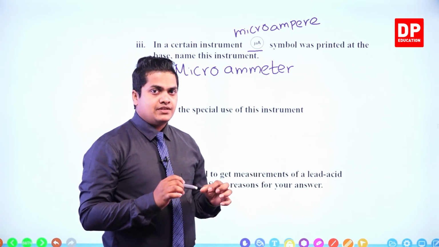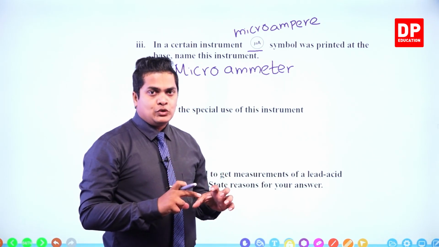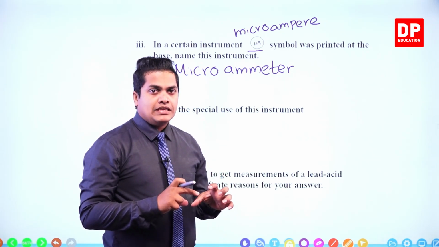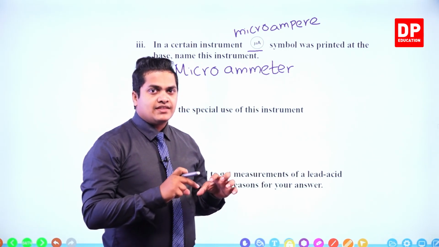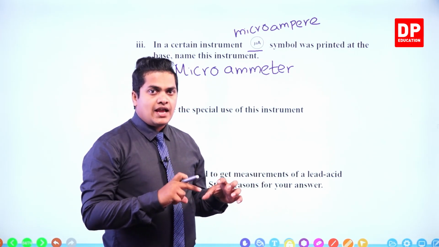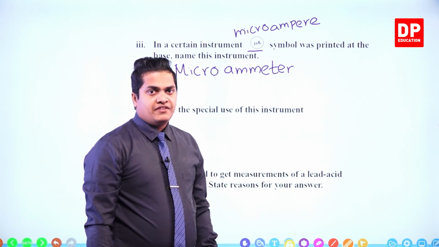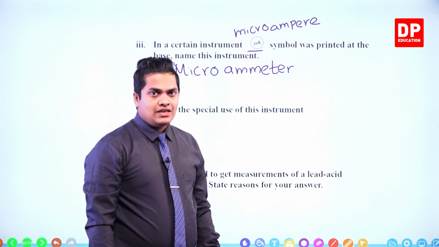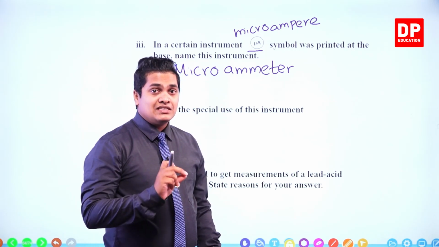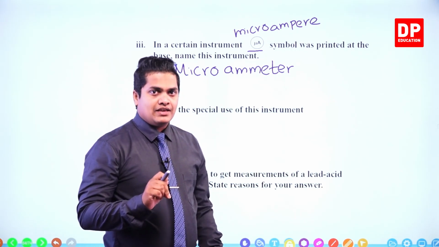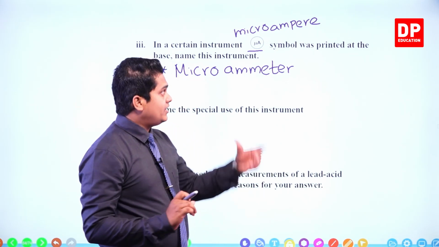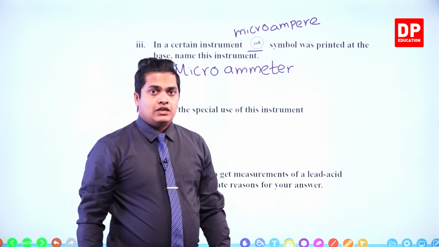Usually we represent the unit that we use to measure electric current at the base of the ammeter. If it is just an ammeter, capital A. If it is a milliammeter, small m and capital A. If it is a microammeter, then mu A. Right?